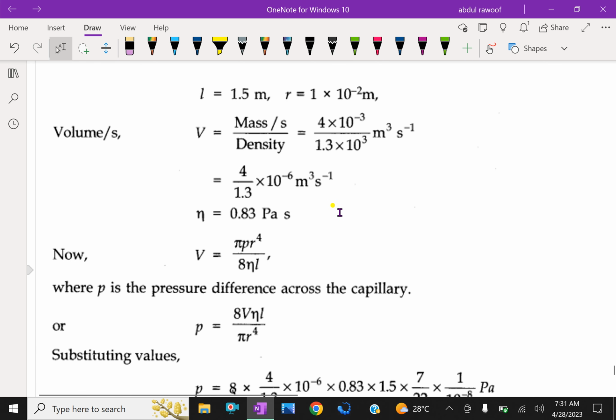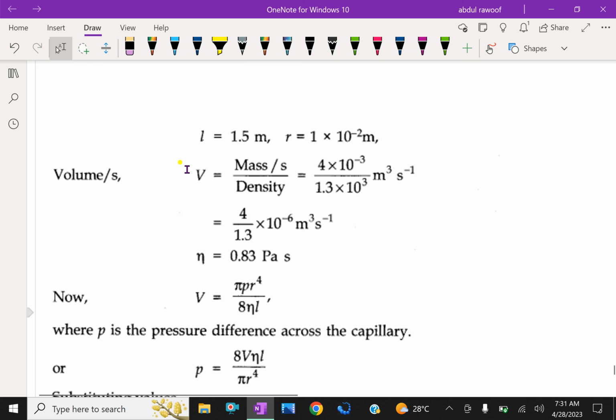Here, the length of the tube is 1.5 meter and the radius is 1 centimeter, which is converted to 1 into 10 power minus 2 meter. The volume per second is mass over density.